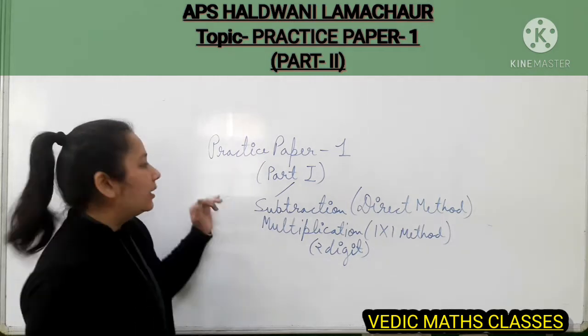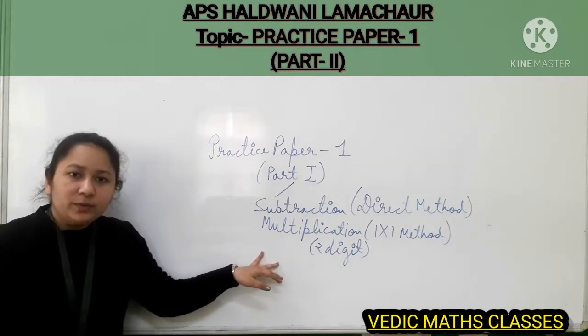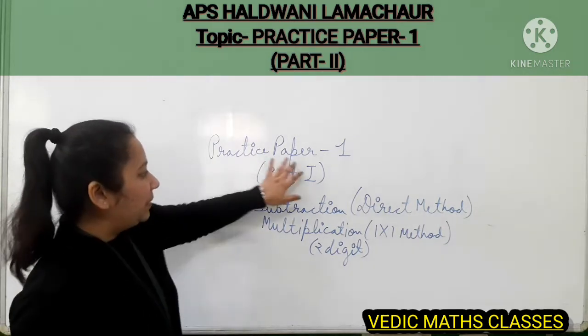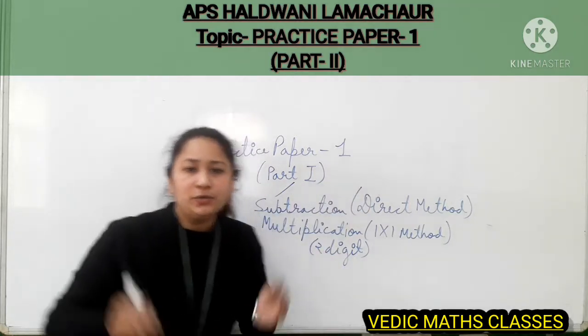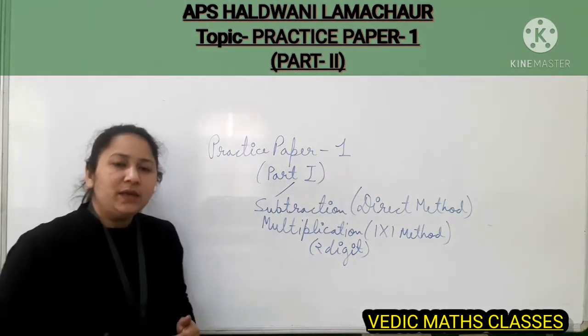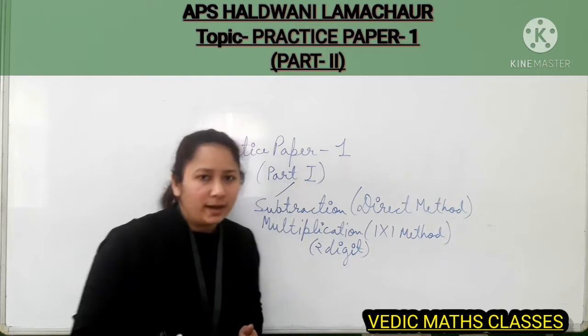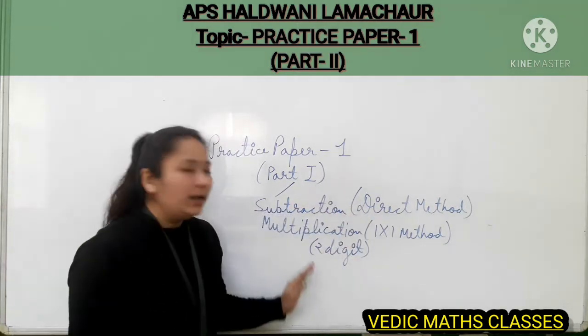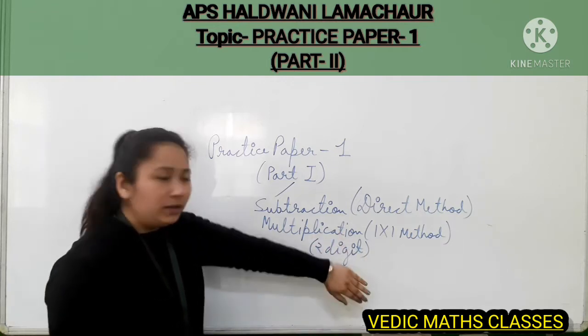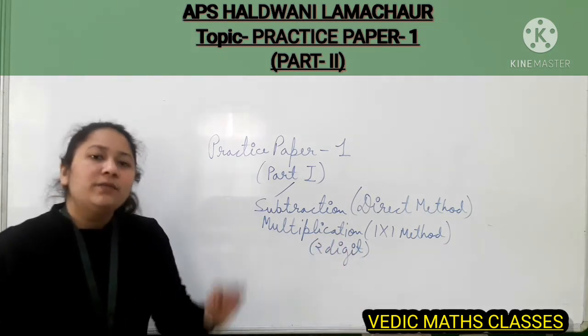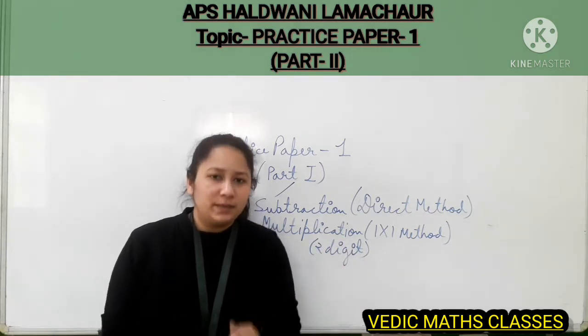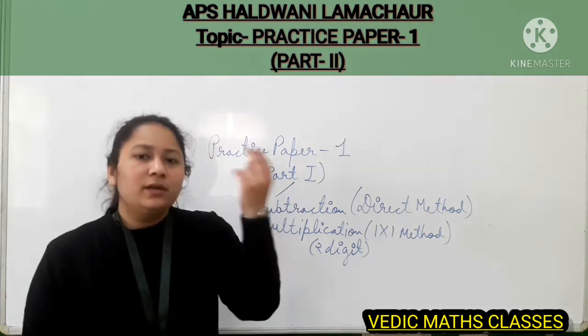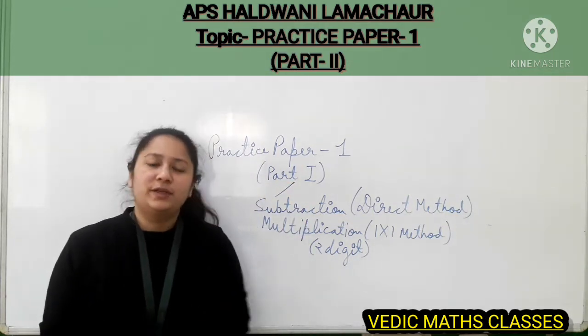Now kids, in my last video, I told you that it is a practice paper 1 and I have divided it into parts. Slowly, we will take each topic again. So, in my last video, I took subtraction direct method and multiplication IXI method 2-digit. Today, we will do the sums related to multiplication 3-digit, 4-digit and 5-digit.